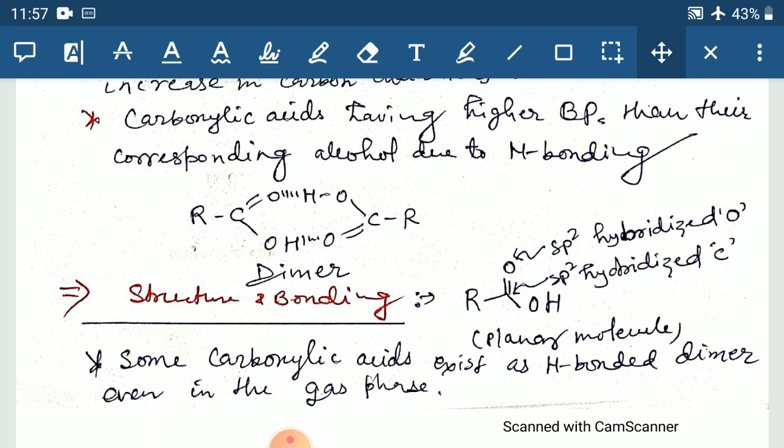So there is a double bond between carbon and oxygen and a single bond between C and OH. Since this is an sp2 hybridized molecule, it is planar. Also, some carboxylic acids exist as hydrogen bonded dimers even in the gas phase.